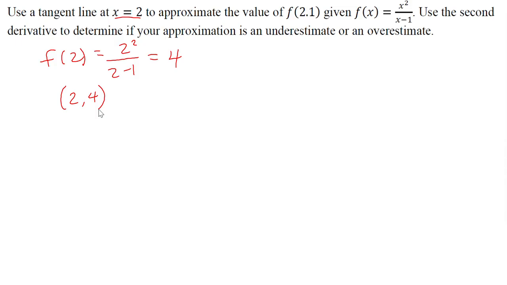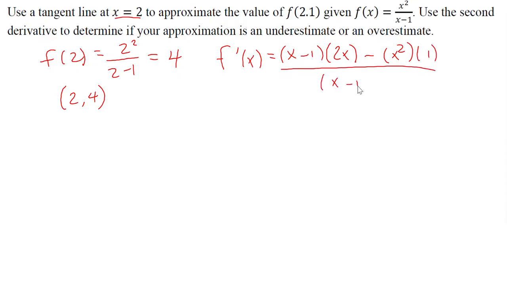And then we need the slope here. And so our slope should come from the derivative of our function. Well, the derivative of x squared over x minus 1, we'll find using the quotient rule. So our slope here will be the denominator times the derivative of our numerator minus our numerator times the derivative of our denominator, all over the denominator squared.